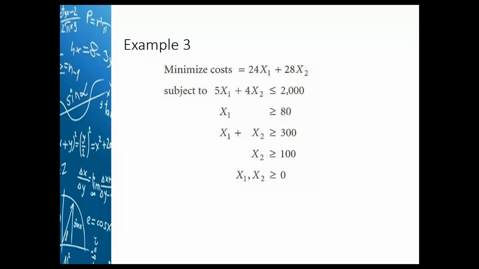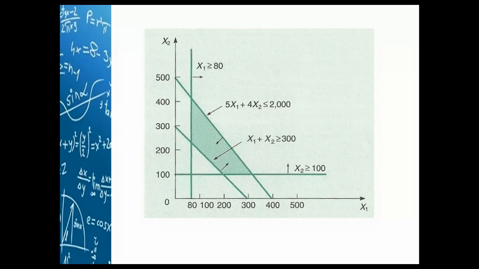So this is the example of a cost problem, and you have five different constraints put together. Once you translate all your constraints into a graph, you can see over here the constraint functions that you have now. In this case, you have four different linear lines put together in one segment.